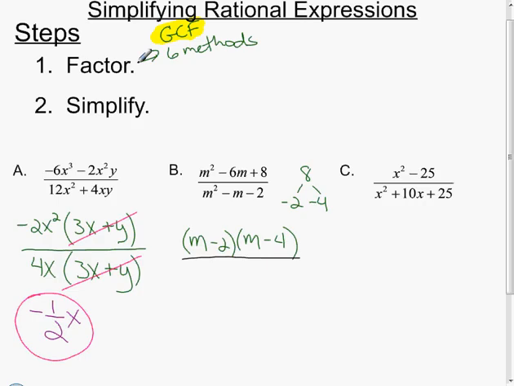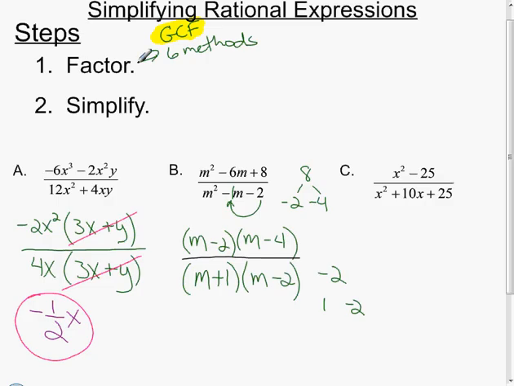So I think, what are the factors of negative 2 that add up to negative 1? Well, I guess that will be 1 and 2 as long as I make the 2 negative. Okay? So that's going to give me m plus 1 times the quantity m minus 2.